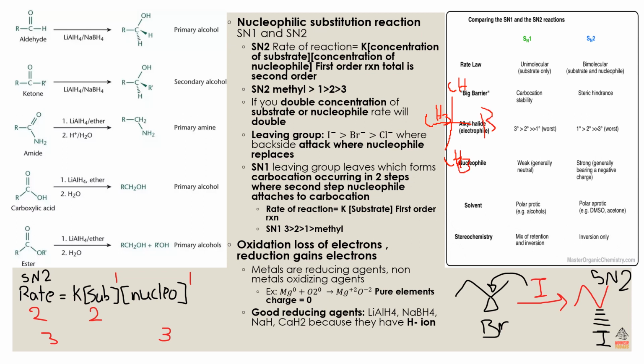In order for the nucleophile to attack, it needs to come from the back. But here it's bothered by the CH3 groups. It needs to come from the back to attack the main chiral carbon, but it's bothered by the CH3 groups, and it can't come and really knock out the bromide.